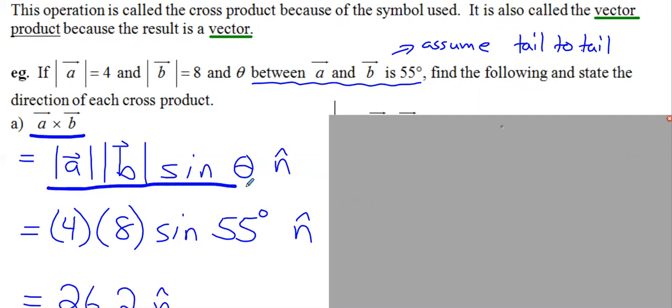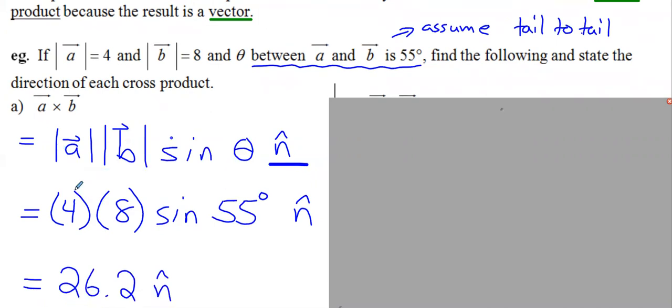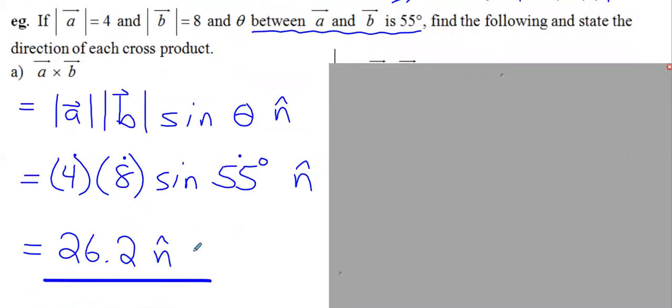So this part of the formula will give you the scalar, the magnitude times the sine ratio. You need this little n notation there to have it represent a vector quantity. Okay, so we're given the two magnitudes, we're given the angle between them, there's your result. You don't know what n is in terms of direction or anything, and it doesn't really matter. Okay, so don't be too concerned about that.